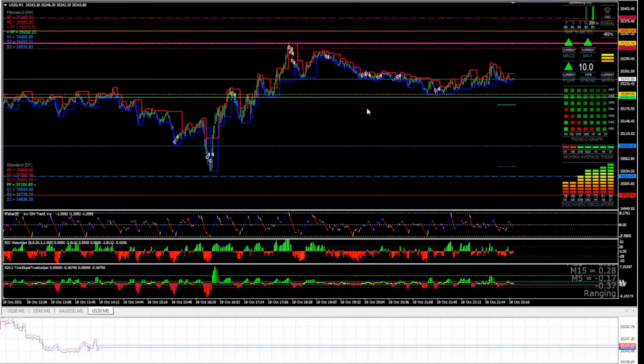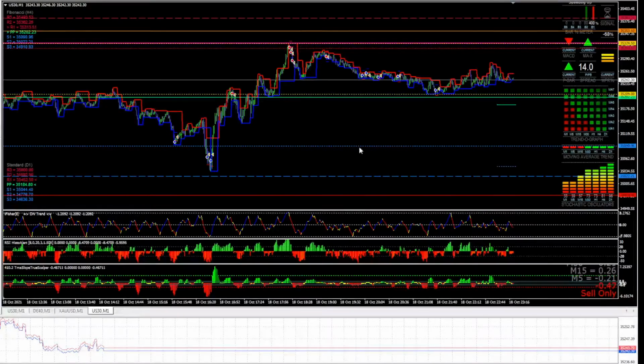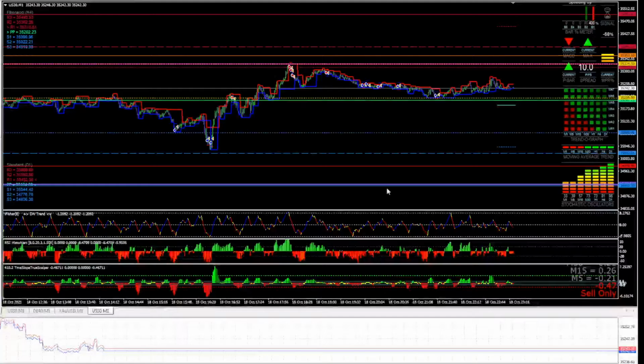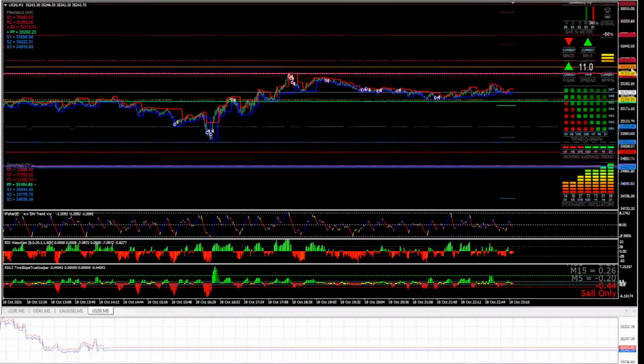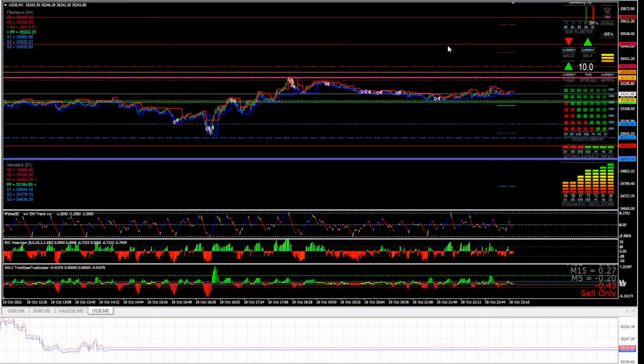And I load it another time with Fibonacci H4 levels, which seem to be quite efficient on US 30. So you have H4 S1, H4 S2, H4 S3, H4 R1, R2, and I think this one is R3.